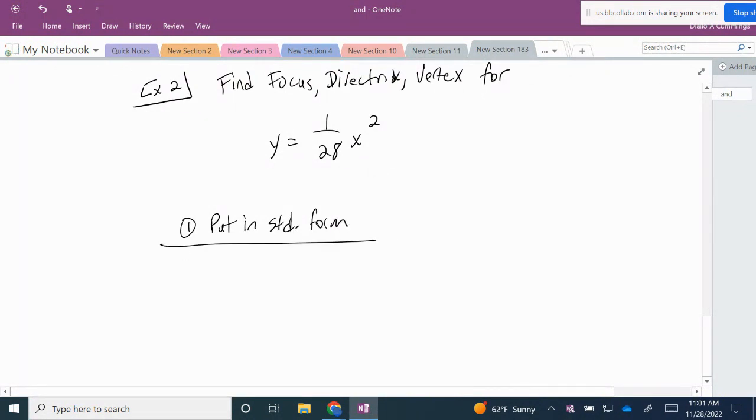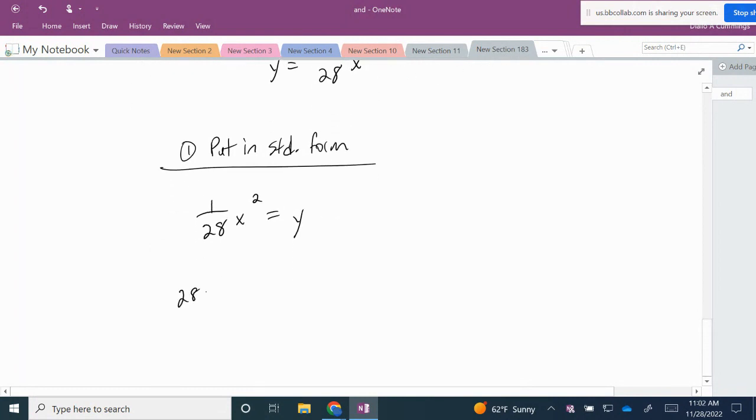Okay, so put it in the standard form just simply means I must isolate for the squared term. So I'm going to isolate for x squared. So the opposite of multiplying x squared by 1 over 28 would be to multiply both sides by 28. So I'm kind of want to flip this around. So I have 1 over 28 x squared is equal to y.